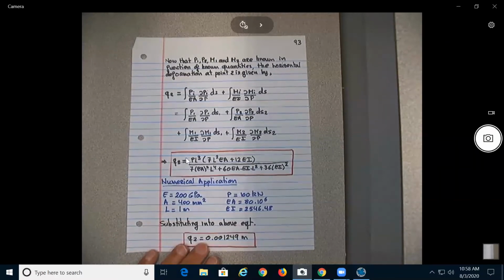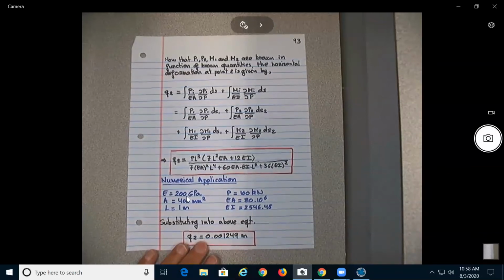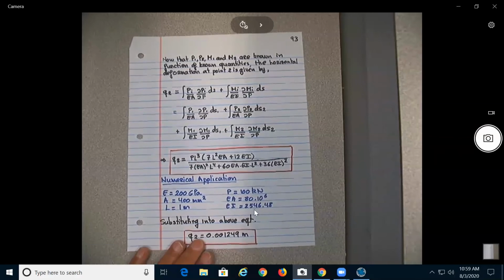So to give some meaning to this, I just considered the same data as for the truss, I think the same properties. So 200 gigapascals, cross-sectional area of 400, L 1 meter. So we need to be careful here because we're mixing units. 100 kilonewtons of force, EA 80, and this is 2546.